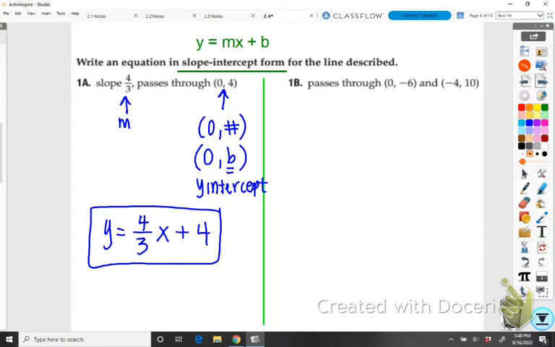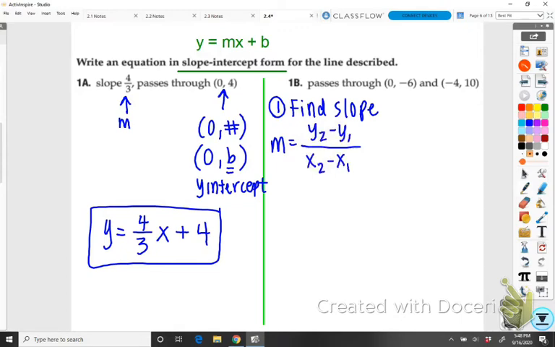Notice on 1b, they don't tell me the slope right away, so I need to find the slope first. Remember we talked about that yesterday, I believe: y2 minus y1 over x2 minus x1. We'll call this x1, y1, x2, y2.